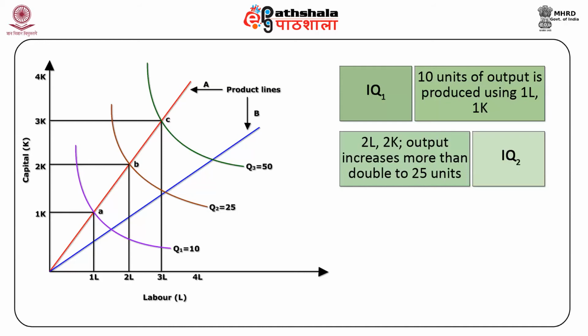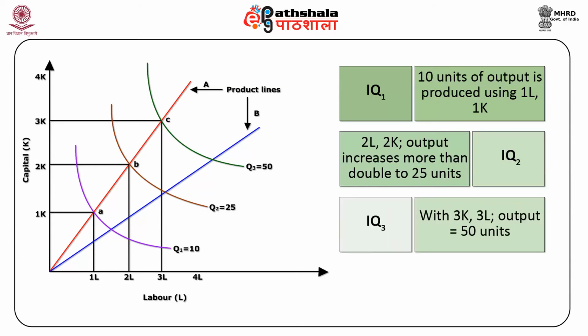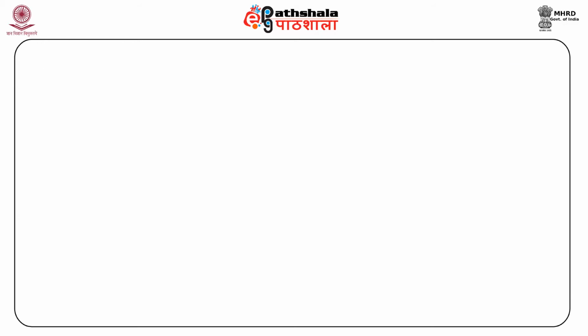Similarly, when the labor and capital were again increased by one more unit, then the output depicted by IQ3 was increased to 50 instead of 30 units.